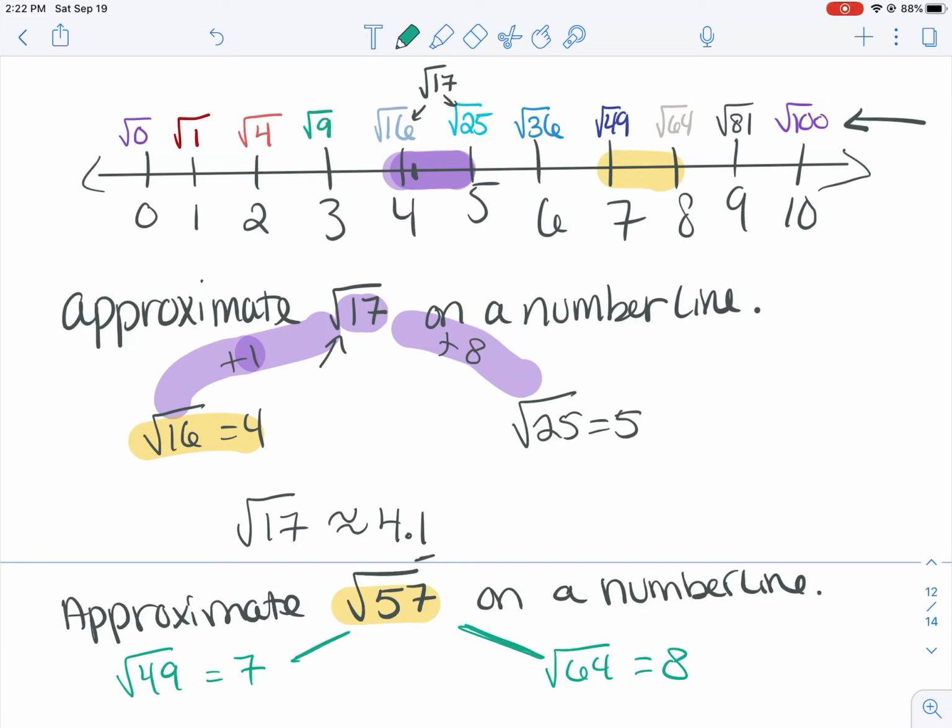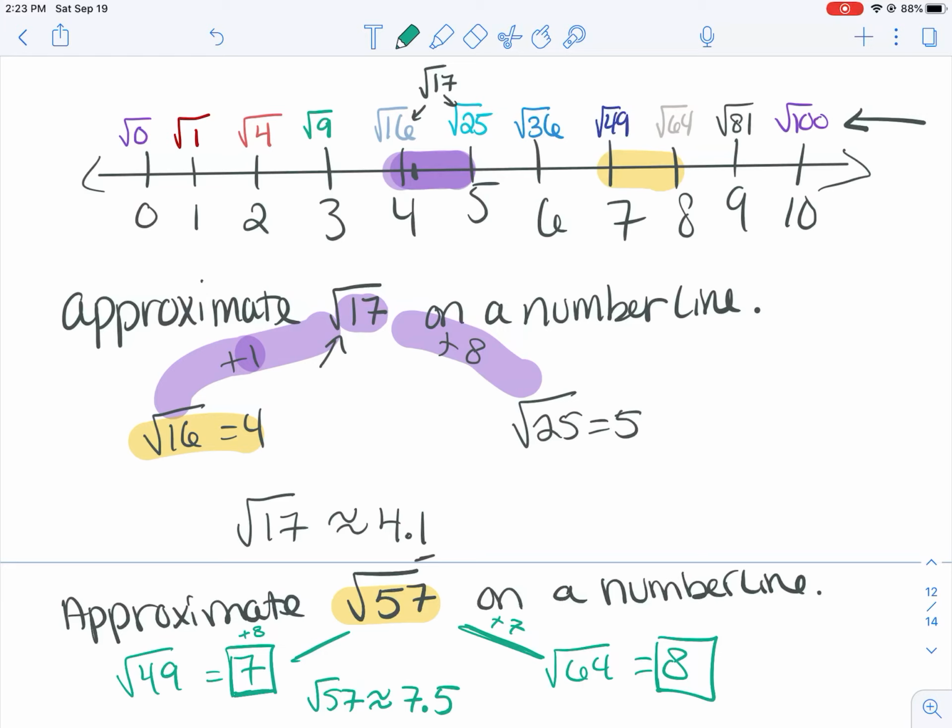Well, between 49 and 57, there's a difference of 8 numbers. And between 57 and 64, there's a difference of 7 numbers. So 57 is almost smack in the middle of 49 and 64, which tells me if the whole number equivalents are 7 and 8, the square root of 57 should be about halfway between those, so about 7.5. So that's my estimate there, okay?